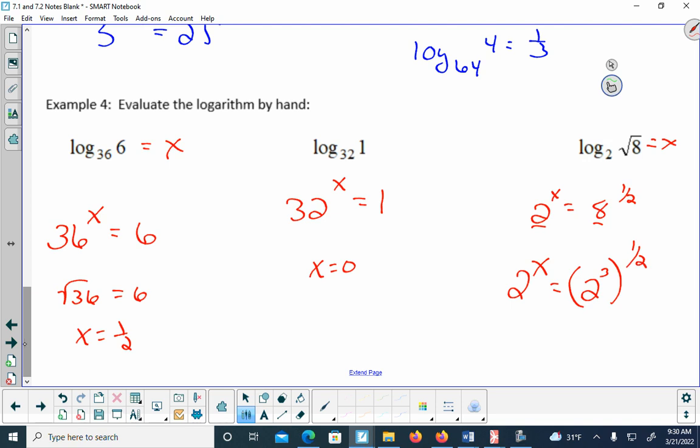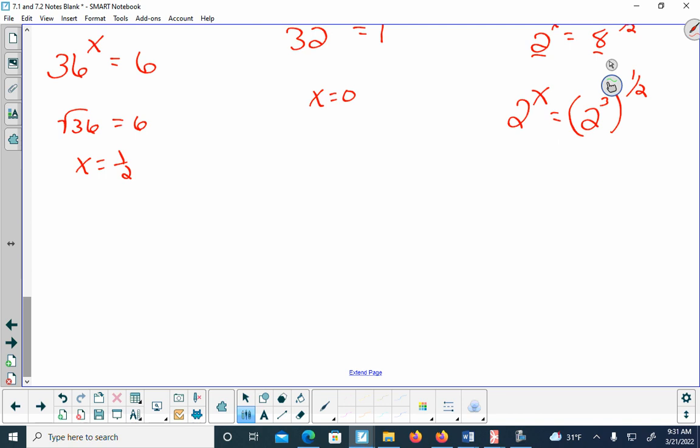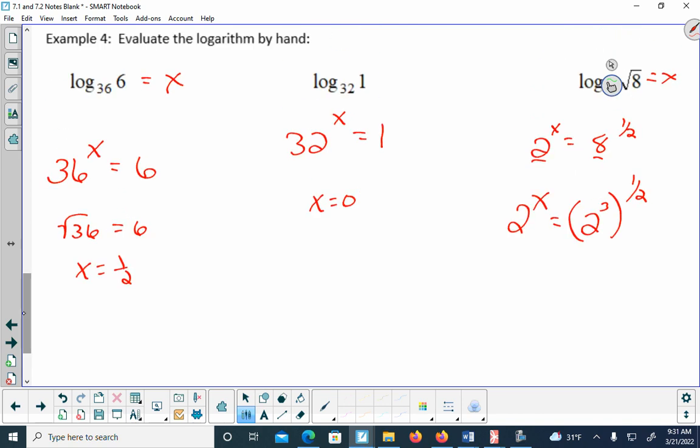Remember, when I raise a power to a power, I multiply. So this will be 2 to the x is equal to 2 to the 3/2. Once these bases are the same, I can simply say the exponents are equal to each other, so x is equal to 3/2. You should remember that from algebra.